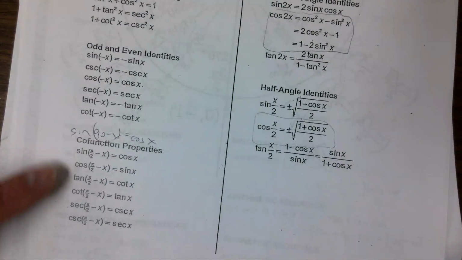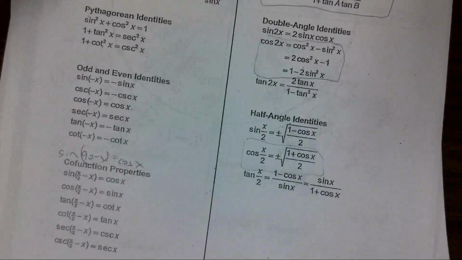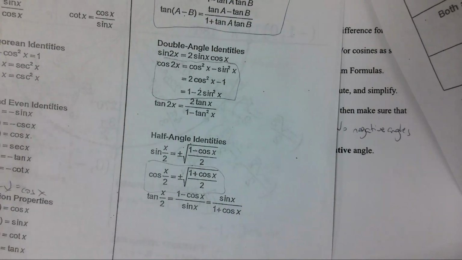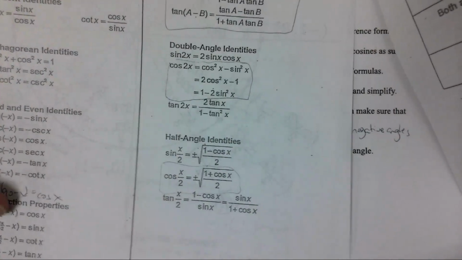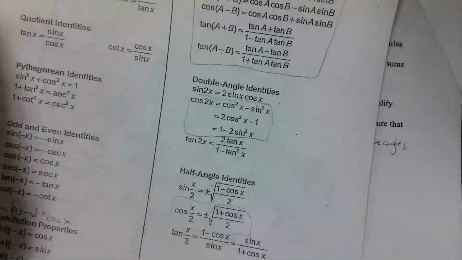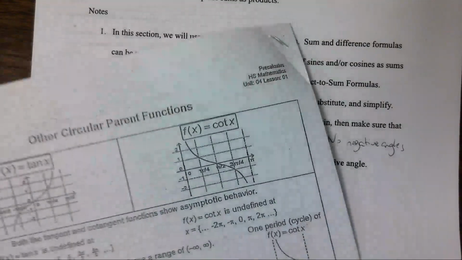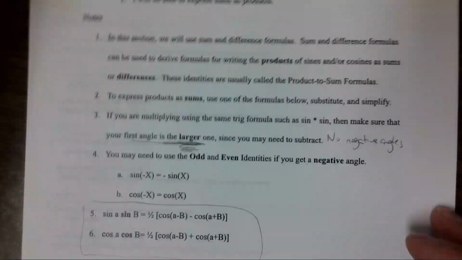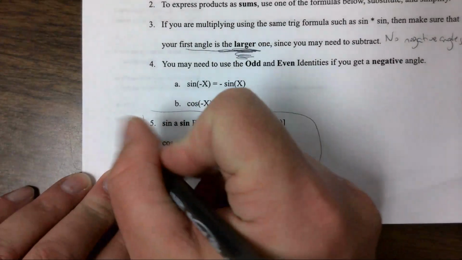And then there's your sum and difference and double angle and half angle. But there's no other formulas on the formula chart for this. And so you're going to have to keep track of these formulas separately. You still may have to refer to the unit circle, but you're going to need these on 7.7.